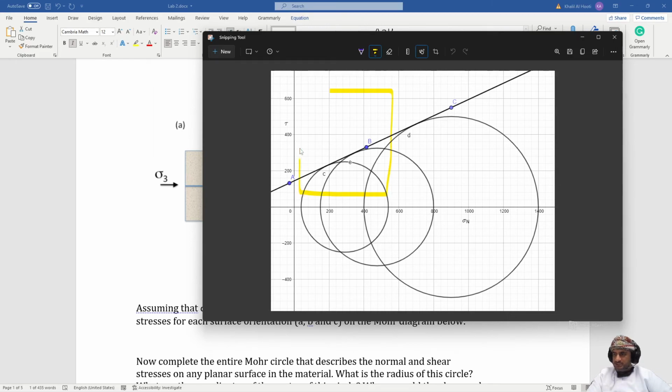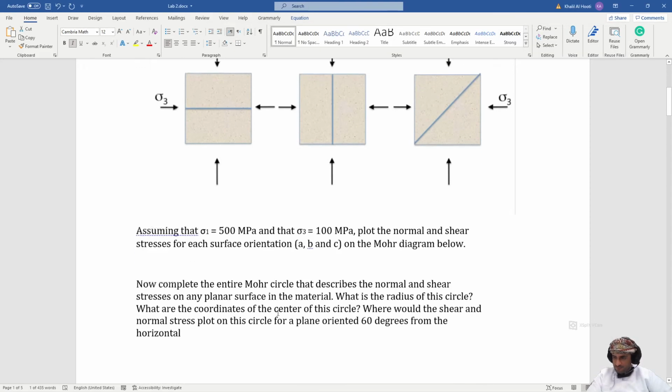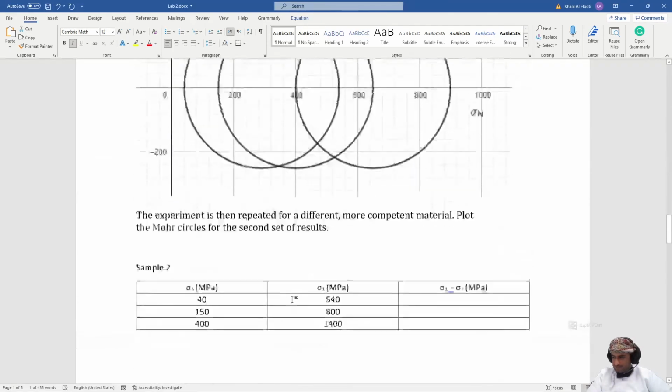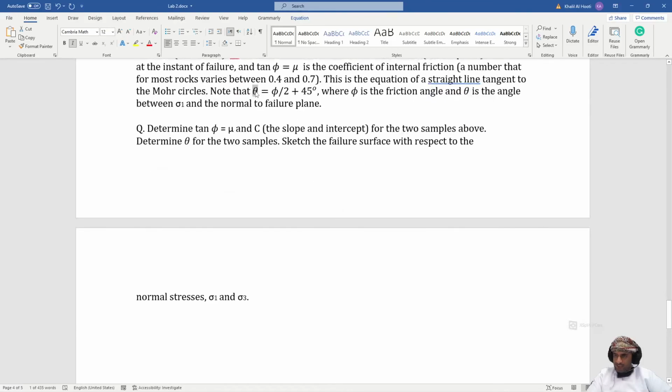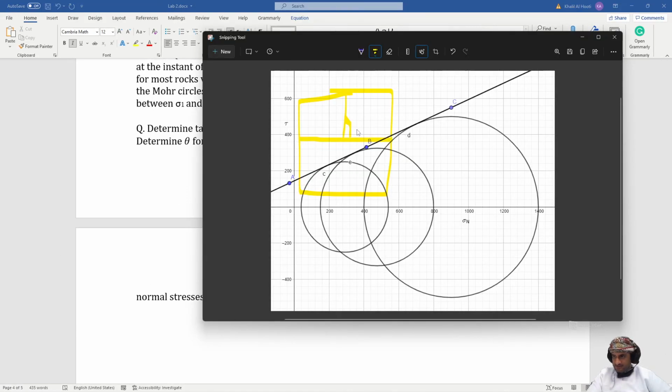Yes, so this is a box. So theta is basically this angle. Theta is this angle. The theta you get from here gives you this angle.